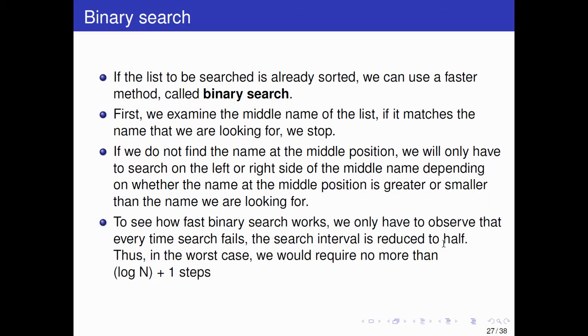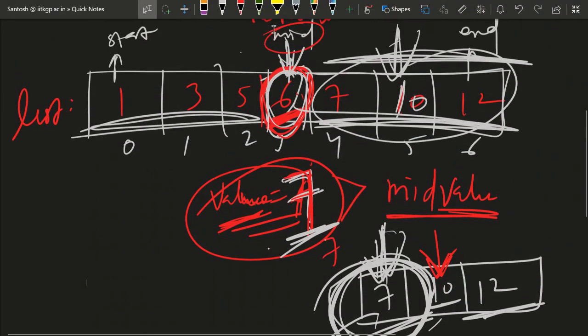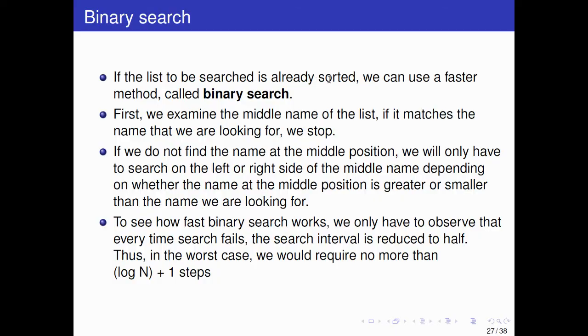We were searching for 7 and the middle one is 6, which are not equal, so we only have to look at one half of the list, either the right side or the left side, depending on the value you are searching and the mid value. So the search interval is reduced to only half, either right or left half, in every iteration.